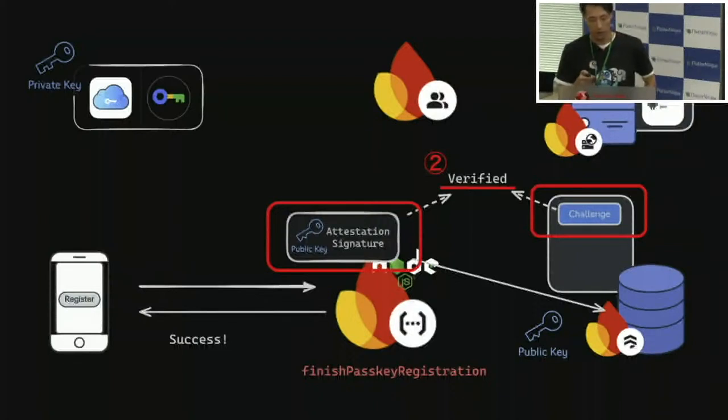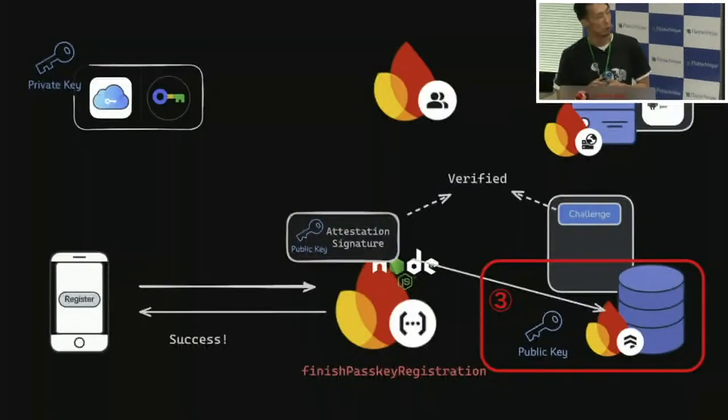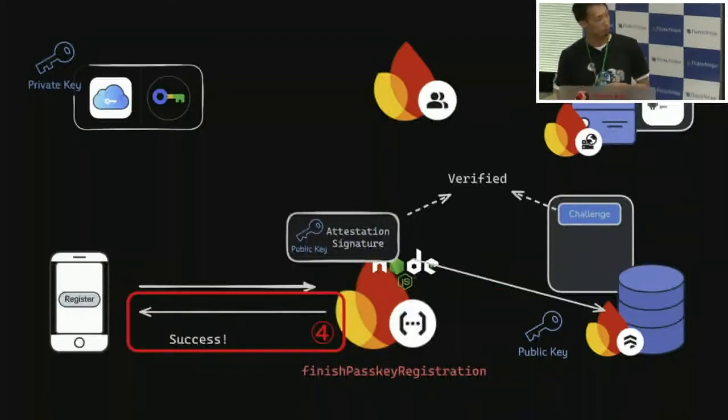So we will be comparing that challenge with the challenge stored in the database and verifying it. For this verification, we will be using the verify registration response method from the SimpleWebAuthn library. So very simple. Then, if it's verified, we will store the public key in the database. Then we will return success to the client side.